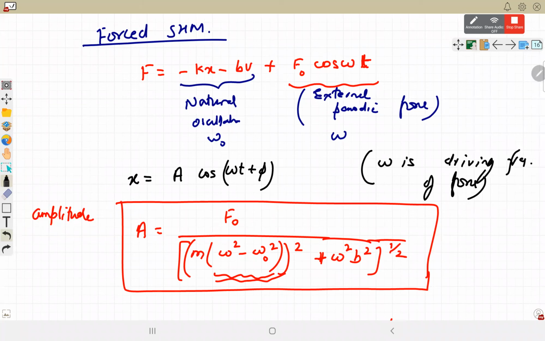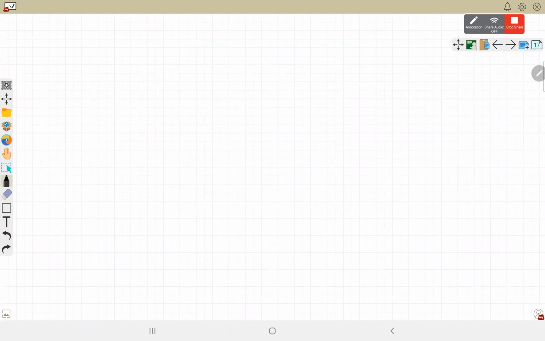a whole square. But when omega is equal to omega naught, if the frequency of the force is matching the natural frequency of oscillation, then the amplitude is maximum, and this is called resonance.